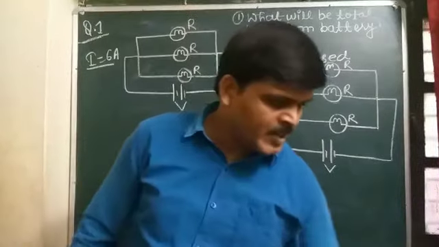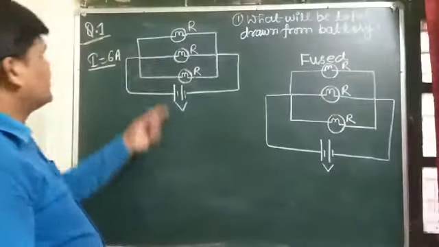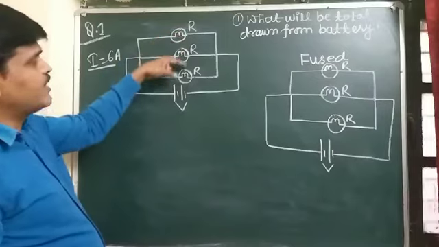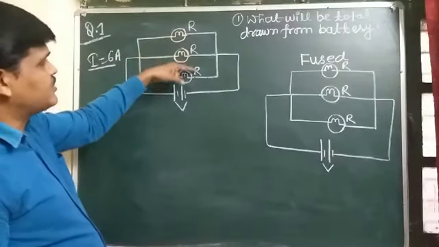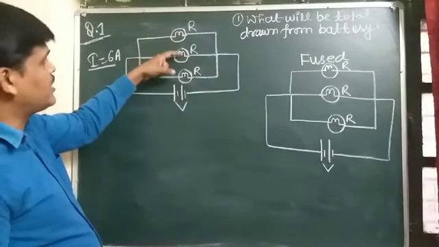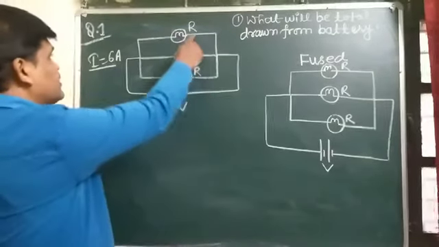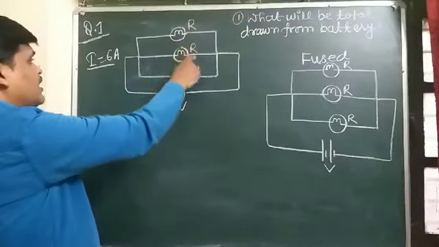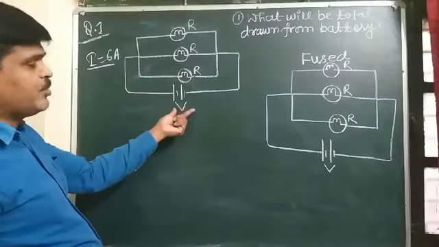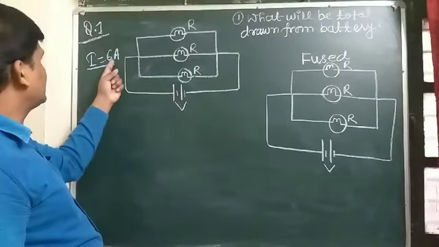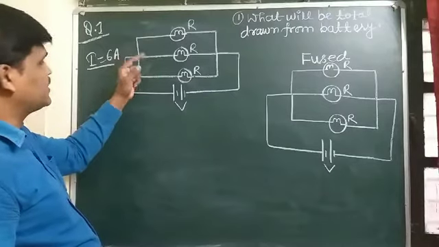So students, first of all, the three bulbs are connected in parallel and their resistances are equal. These bulbs are also called identical bulbs. So the resistance of each bulb is R, the battery voltage is V, and the total current in this circuit is 6 ampere.